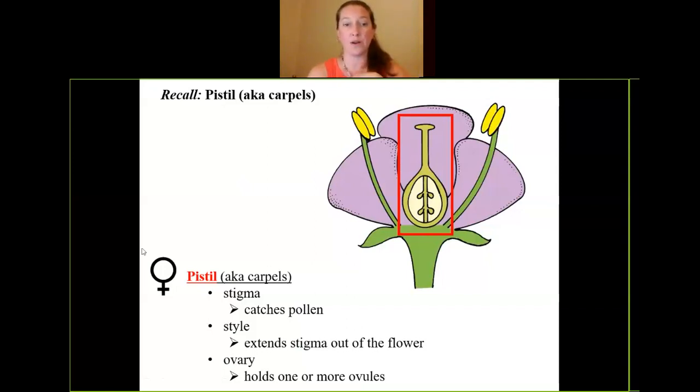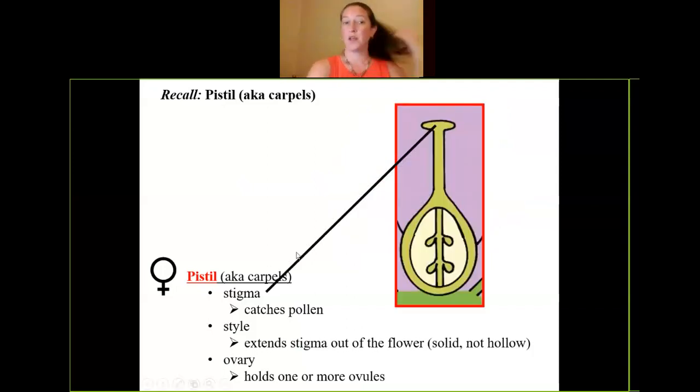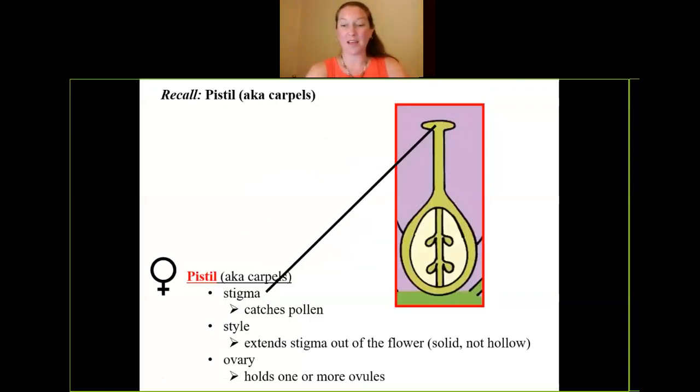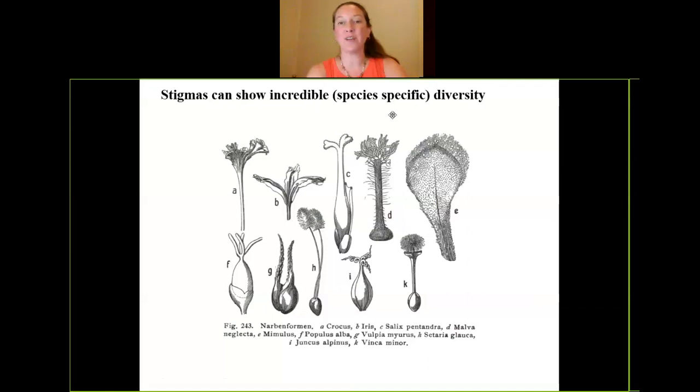On the pistil, there is, as we already learned, a stigma that catches pollen. And yeah, there's a ton of diversity in stigma shape. Sometimes you could have a lot of different branches.